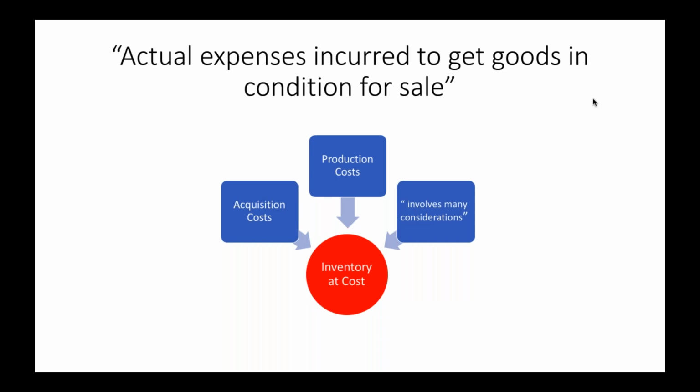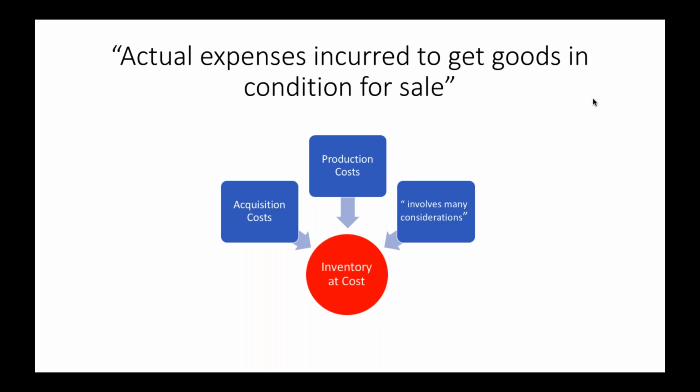And GAAP acknowledges that it involves many considerations. The inventory valuation GAAP rules were written many, many years ago, and even back then, they understood that inventory valuation is a complex issue.